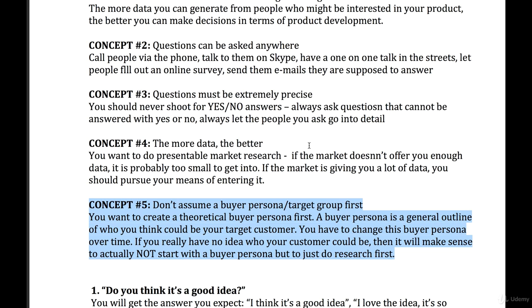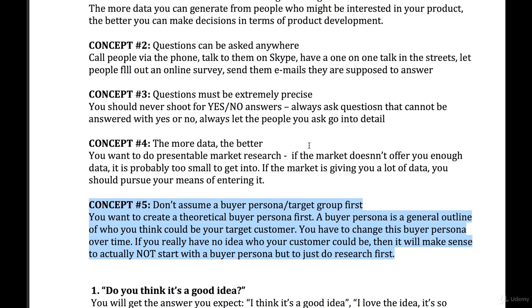But then what you want to do is think about whether this buyer persona is actually true or not by generating data in the market. If you really have no idea who your customer could be, then it doesn't make a lot of sense to create a buyer persona. My advice then is to simply start with market research: take that idea of the smartphone and ask people, until you have data that tells you this person of this age group might be interested in this product.